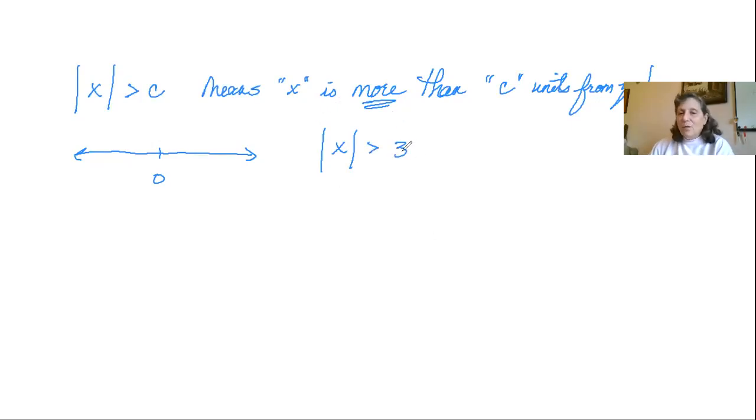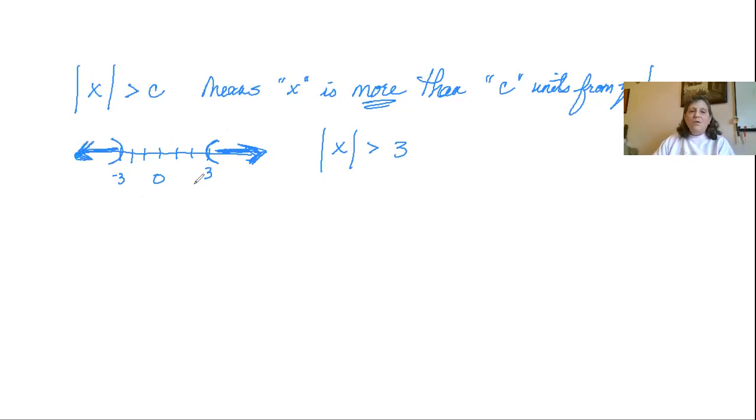The numbers that are more than 3 units from 0 have to be the numbers up here, or, that's 3, here's -3, or the numbers down here.